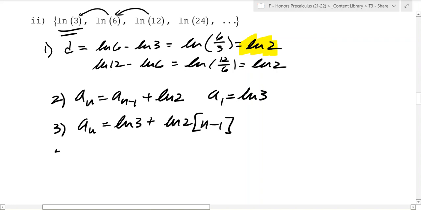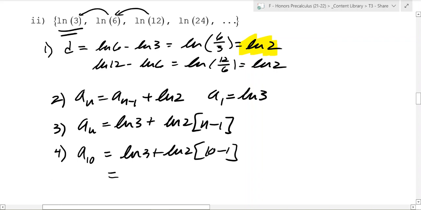And then if we wanted the 10th term, that's just going to be a sub 10, and you plug it into the explicit, and you get ln of 3 plus ln of 2 times 10 minus 1. So that's ln of 3 plus ln of 2 times 9 right there.